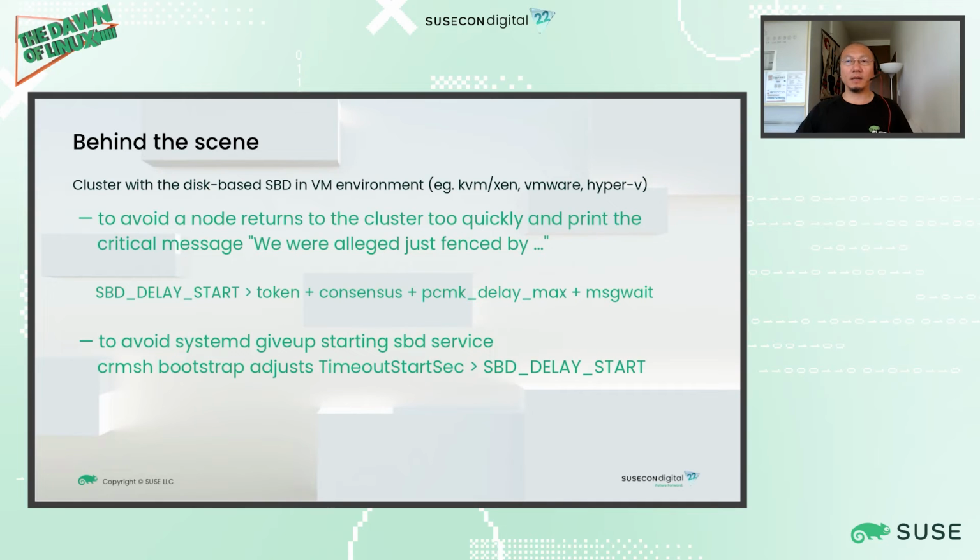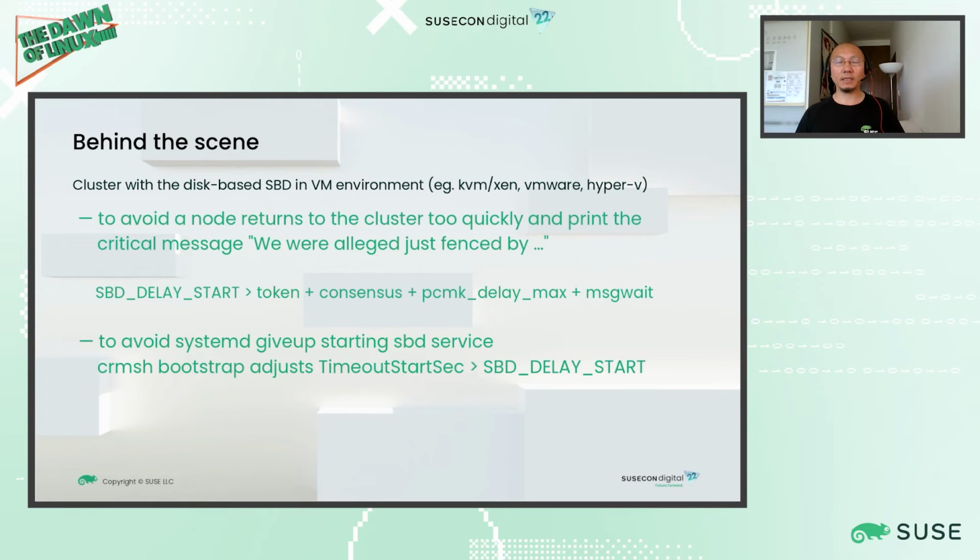Now let's look at this even further. A cluster with a disk-based SBD in a virtual machine environment, like in KVM, like in Xen or VMware or Hyper-V, to avoid the node returning to the cluster too fast and too quickly. Often there will be a critical message like "we will be just fenced by someone".